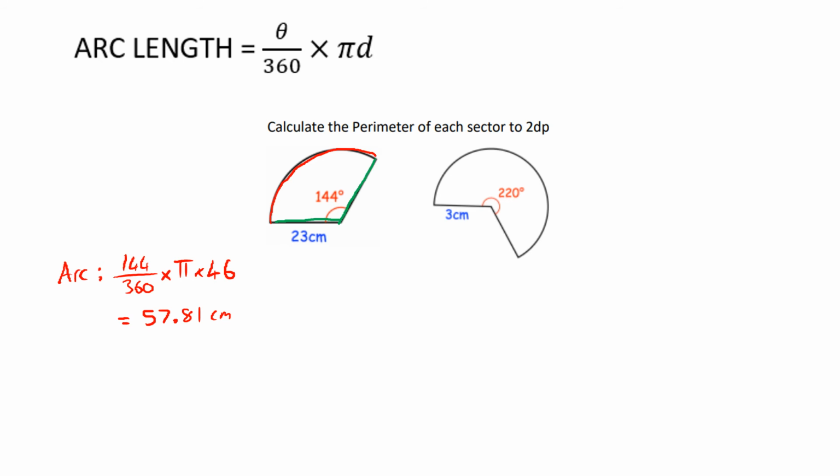And then we obviously want the 2 straight sides, it's basically 2 radiuses, isn't it? So we're going to go 23 times 2, that's 46 centimeters. So for our total perimeter, we'd add those together and we get ourselves to 103.81 centimeters. Cool. So you try the one on the right hand side, please.